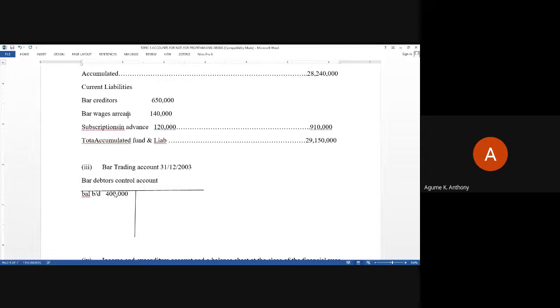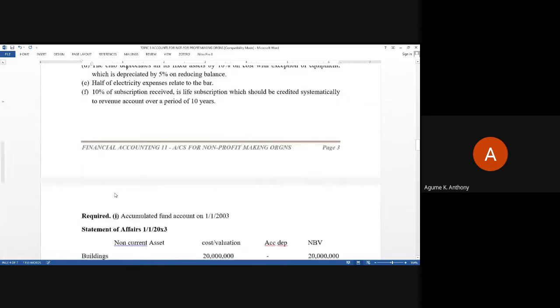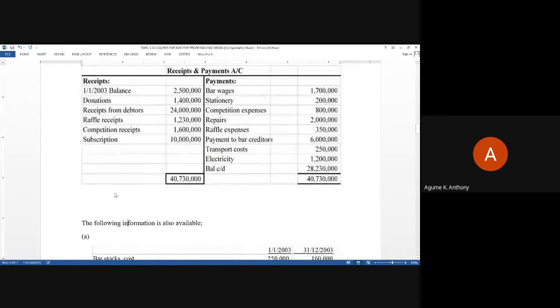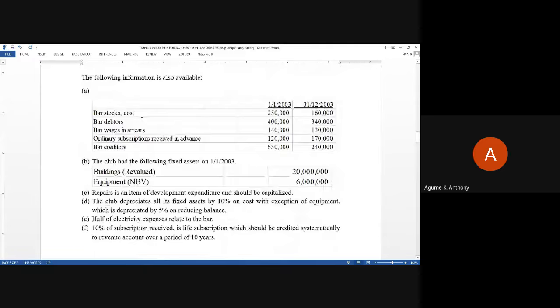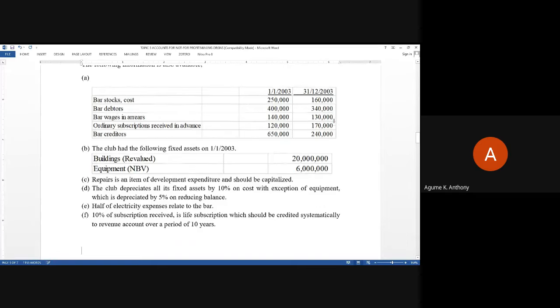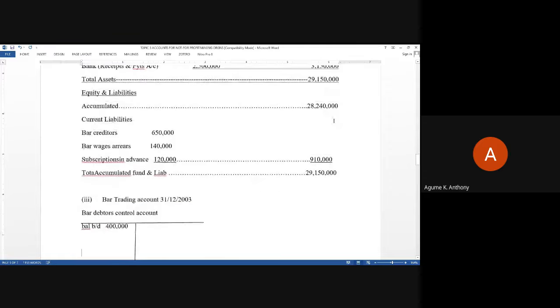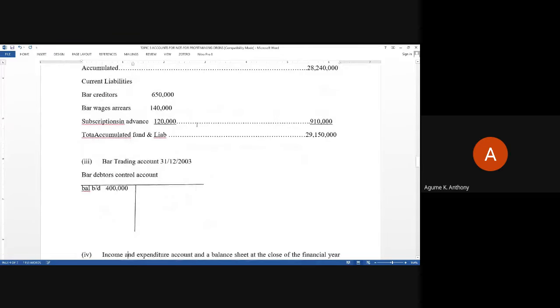For bar debtors, if you check here, you have opening and closing 340. So that is balance carried forward, 340,000.